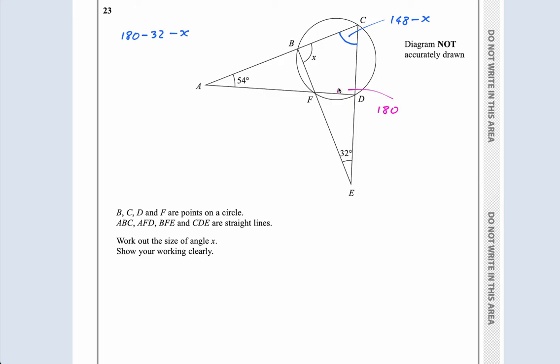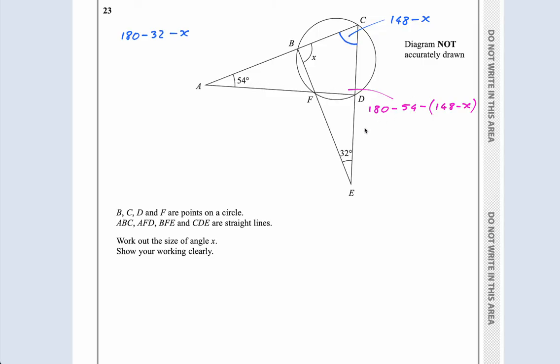So this angle is 180 minus 54 minus this, which is 148 minus x, because all of these angles add up to 180 in a triangle.